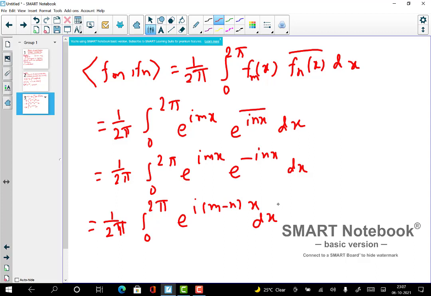Now this is a simple integration. If m is not equal to n, you do the integration and it becomes 0.